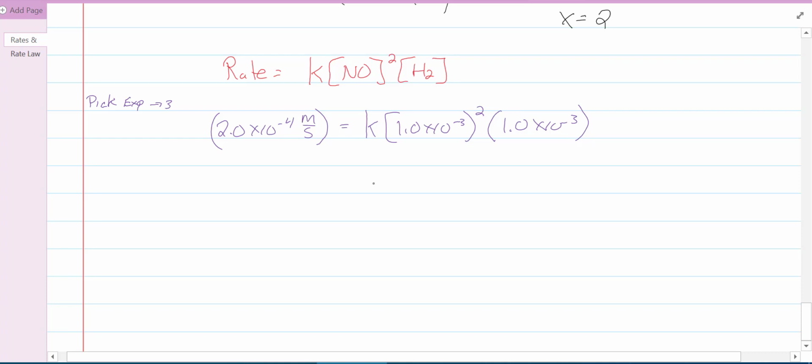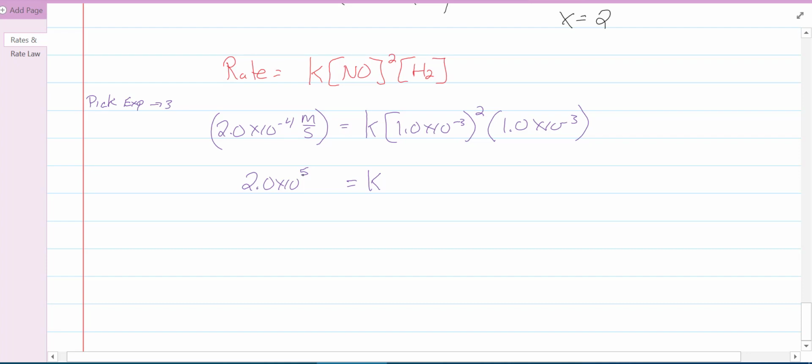Okay, and so K would equal, well, if we do the math, that looks like it's negative 3, negative 6, negative 9. Bring it down, right? Positive 9. So that's 2.0 times 10 to the 5th.